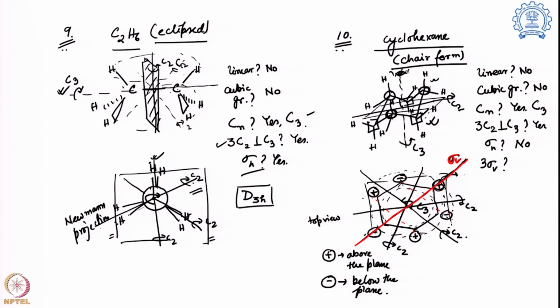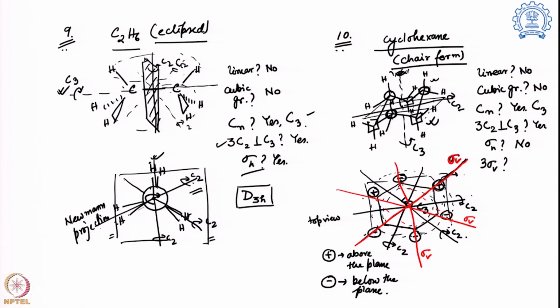So, the sigma V plane is actually going through this carbon atom, not through the bond as the C2 does. That means there will be another one coming over here, sigma V, and another one going through this one. And you can see each sigma V is bisecting the C2s.